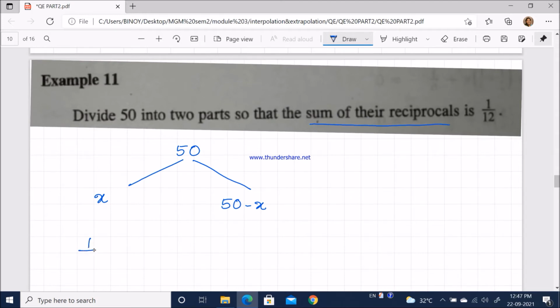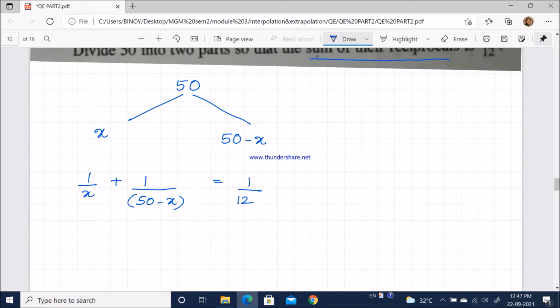So, 1 by x plus 1 by (50 minus x) is equal to 1 by 12. What you have to do is cross multiply. So (50 minus x plus x) by x into (50 minus x) is equal to 1 by 12.